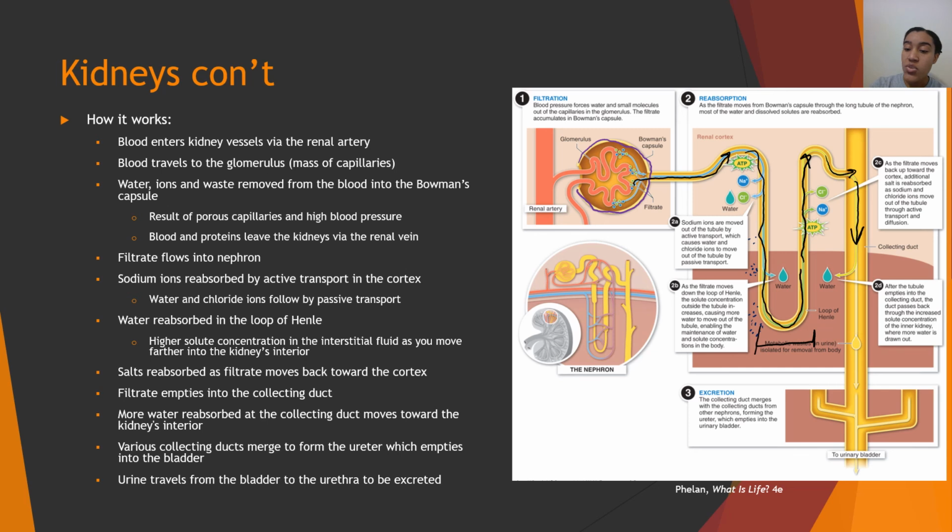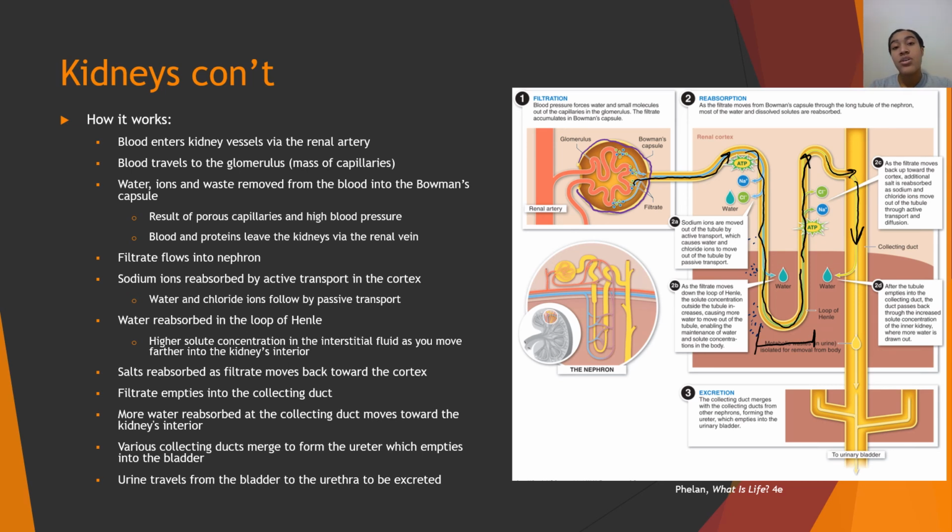And so once we get down to the very end of the collecting duct, several collecting ducts will group together, and they will all funnel their urine into the same space. So now we no longer refer to the waste as filtrate, we now refer to it as urine. And so the urine from all these various collecting ducts comes together in a structure called a ureter.